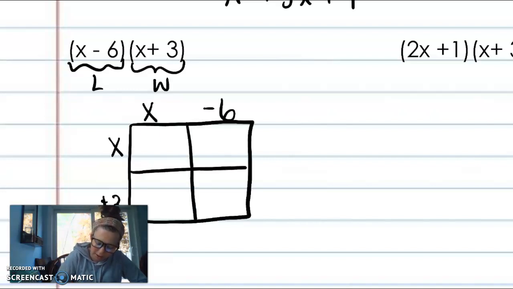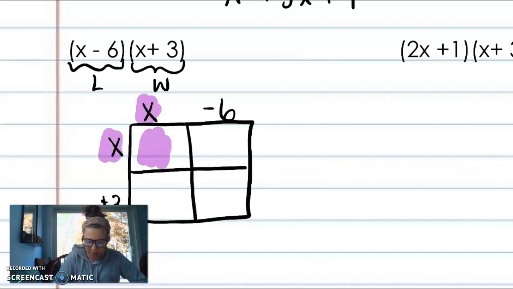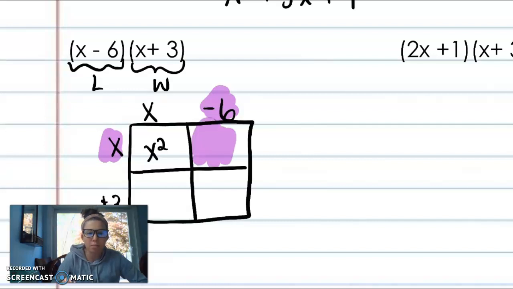So this box here is going to be made by these two being multiplied together. So x times x is going to be x squared. All right. Then the x and the negative 6, when I multiply that together, that's going to give me that box right there. So that's going to be negative 6x.